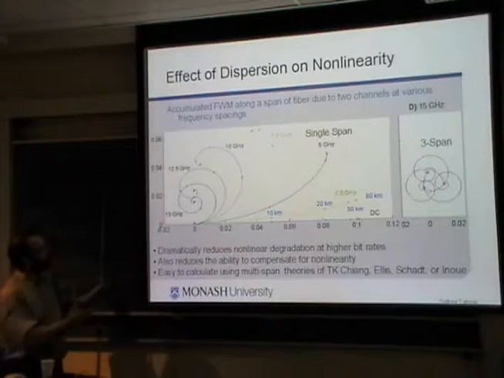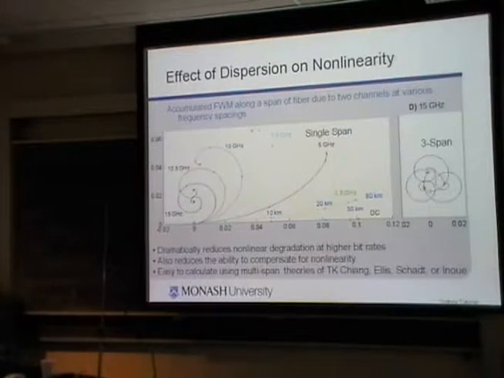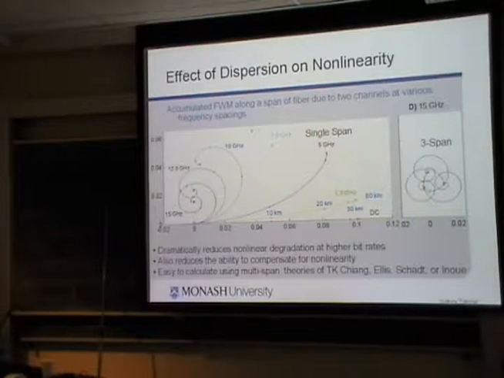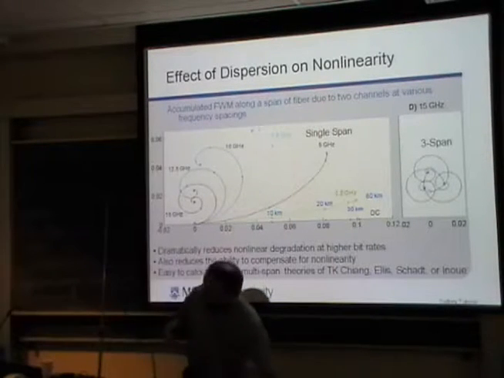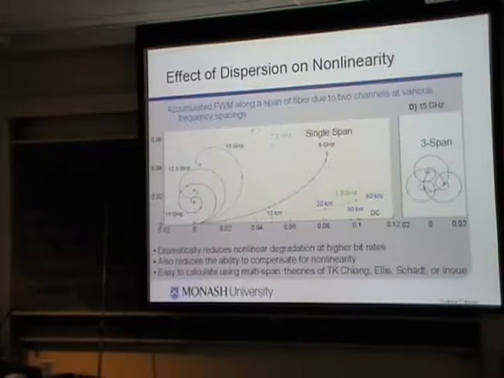What I've done is, here is a single length of fiber. It's an amplifier with a fiber afterwards. And the power in the fiber goes down along its length because of attenuation.